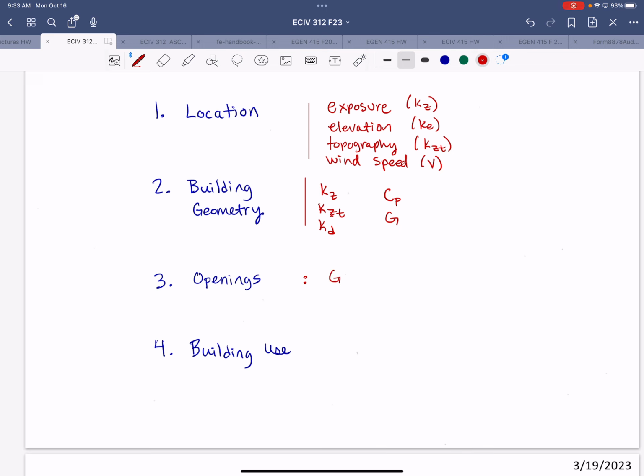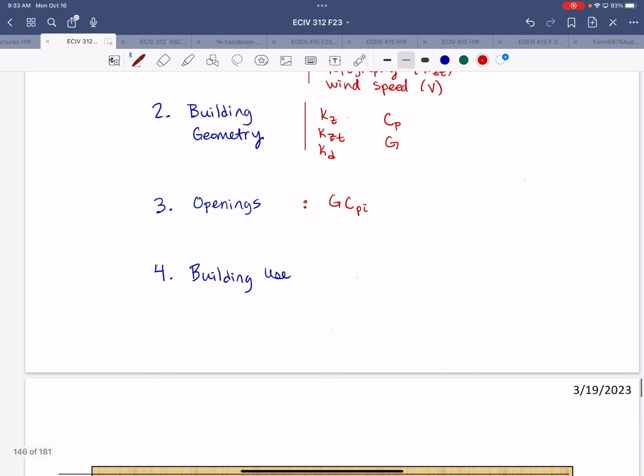Openings, that's directly tied to your internal pressure coefficient, GCPI. And the use of the building, that comes into play through the wind speed. So we'll see that next when we start going through the slides. All right, so specifically, the wind speed that you use is going to depend on the risk category of your building as well as the location.